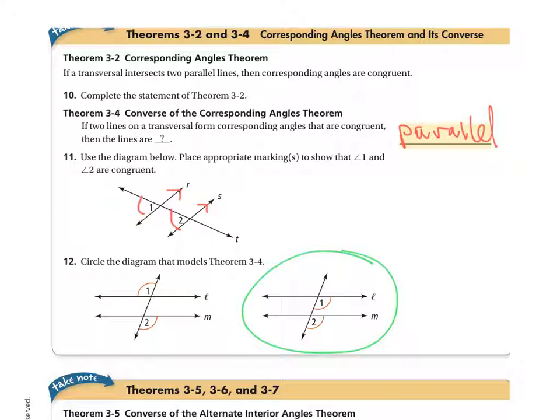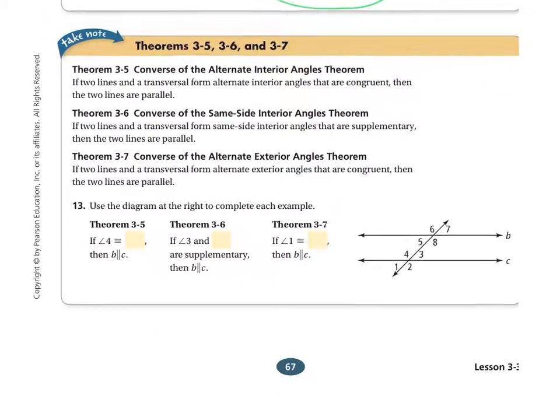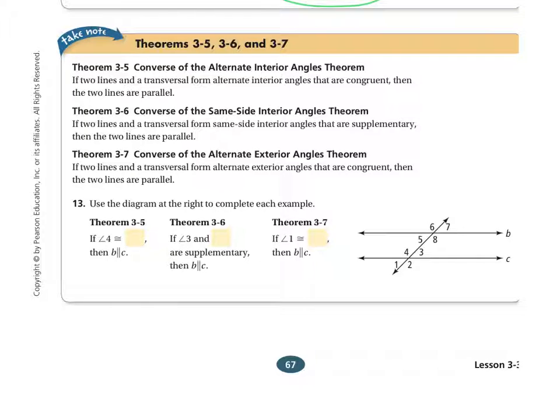Some more theorems that we're going to be talking about are the converse of the alternate interior angles theorem. If two lines and a transversal form alternate interior angles that are congruent, then the two lines are parallel. So that's one of them. If we have alternate interior angles congruent, then we have parallel lines.